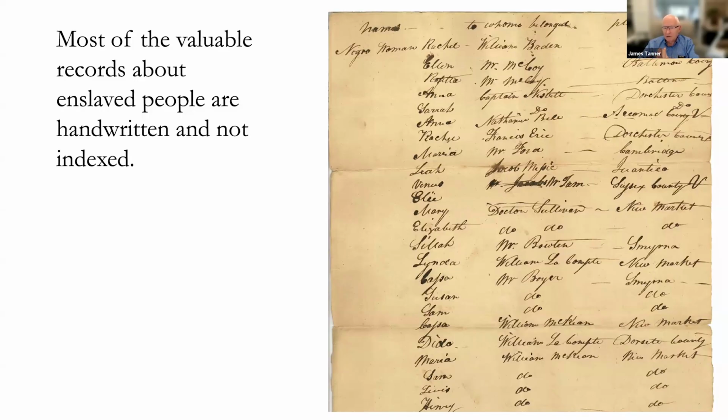The value of the records is that they have opened up a tremendous number of records dealing with enslaved people. Part of what I'm going to do today is outline all the different kinds of records that are going to become available for what we're calling full text search.